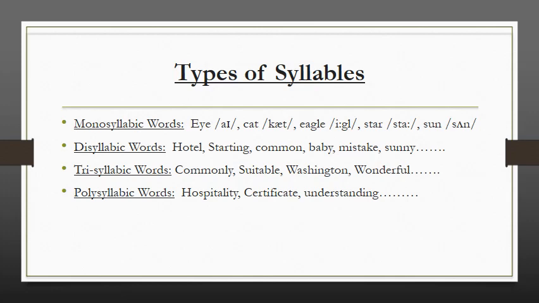We may classify the disyllabic and trisyllabic words into this category, but the more specific term to those bisyllabic and trisyllabic words is as mentioned in front of you. So the words which contain more than three syllables would be termed as the polysyllabic words.